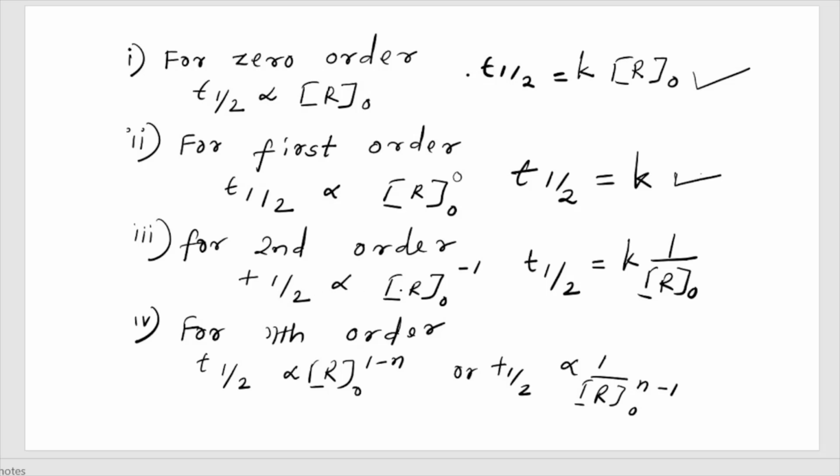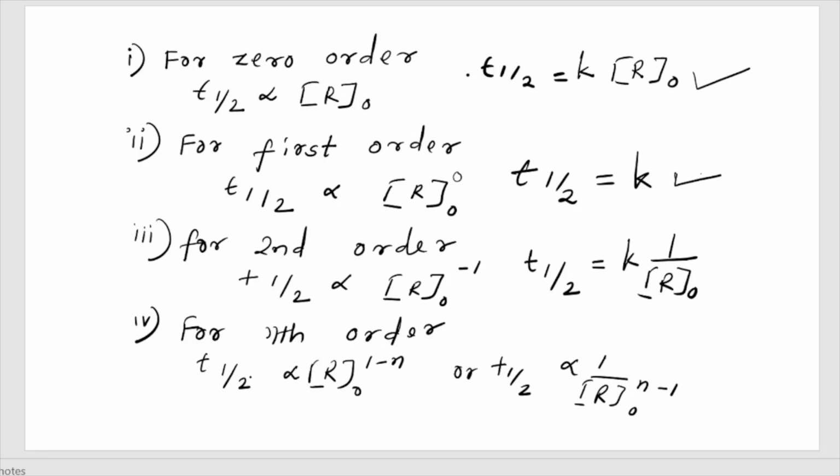Similarly, second order, what is the value? t half is proportional to initial concentration R0 to the power minus 1. So t half equals k times 1 by R0, the initial concentration. If you see, this is the serial order where you get the t half value for 0 order, first order and second order. By looking at this, you can put the value for nth order.